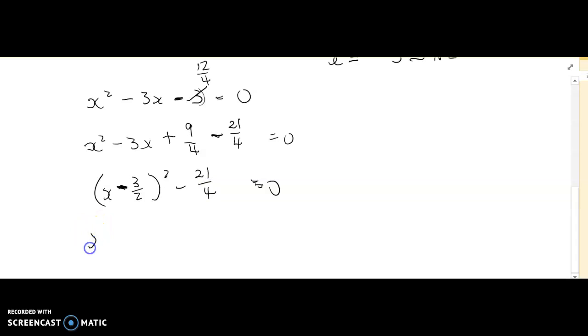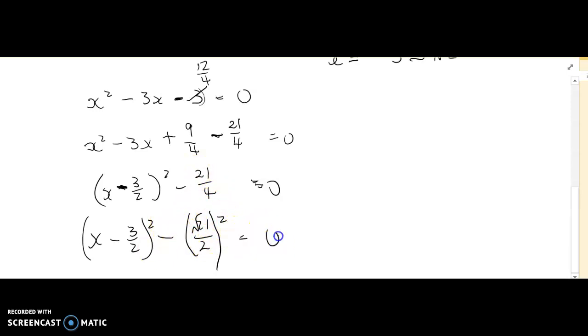Again, we want to set up the difference of perfect squares. So we need to take this 21 on 4 and turn it into a perfect square. So we square root that, which is root 21. We square root the 4, and we get 2. Let's double check. Root 21 squared is 21. 2 squared is 4.